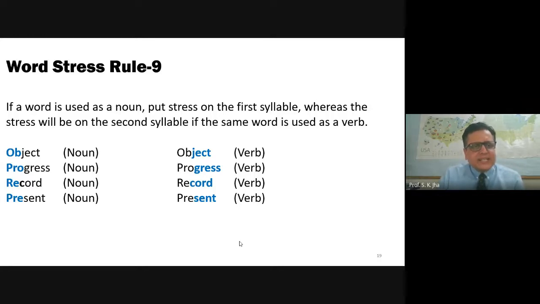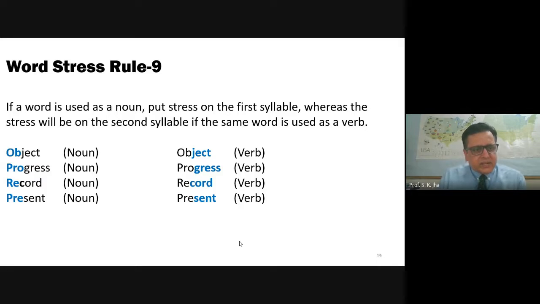Why? The reason is there in your rule, that if a word is used as a noun, like here, we give stress on the first syllable. But if the same word is used as a verb, then we shift the stress to the second syllable. We say object. As a verb, what do we say? Object. For example, if I say, I object to what you say.